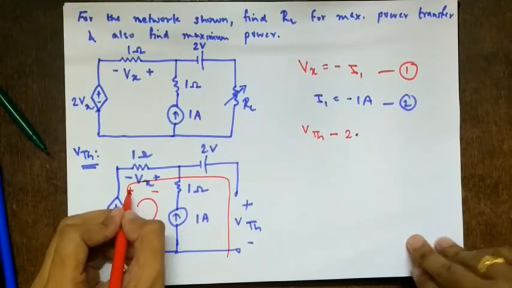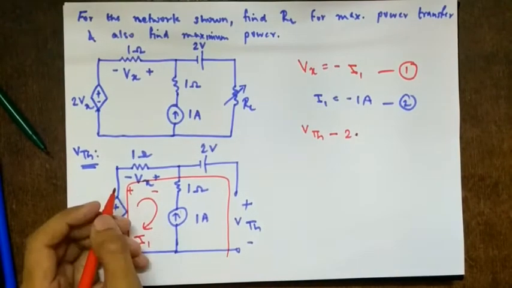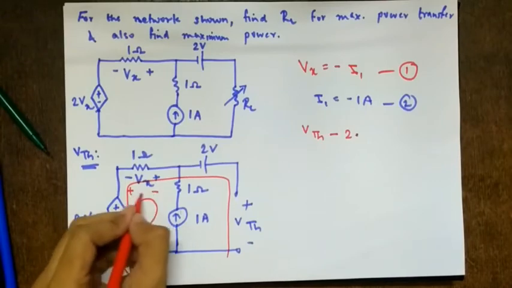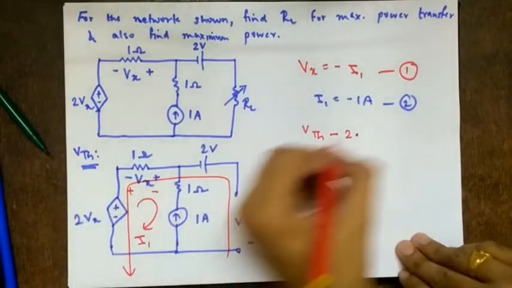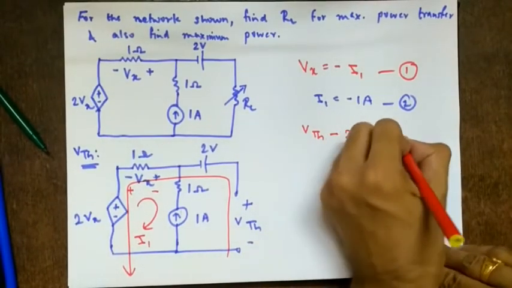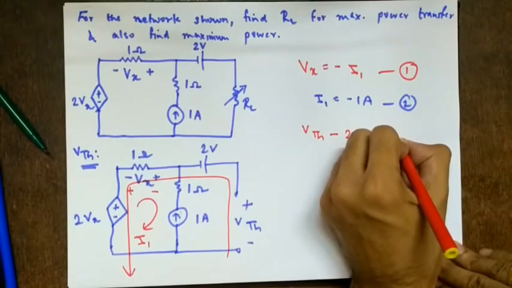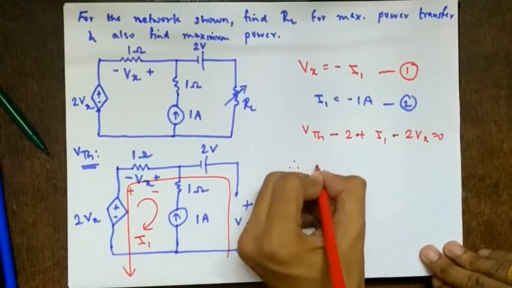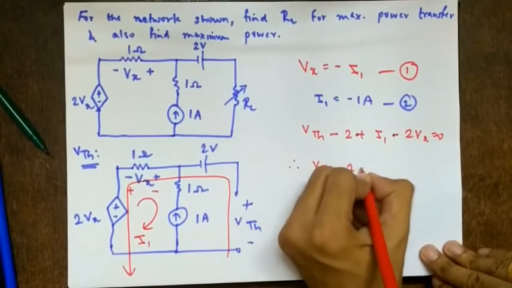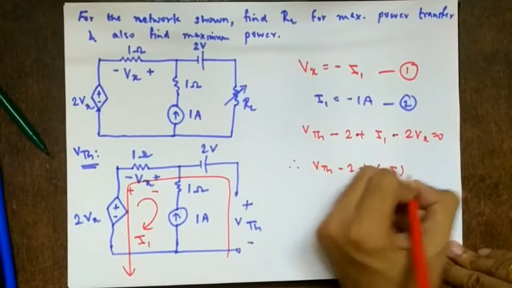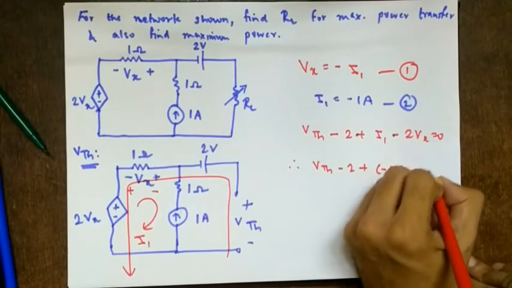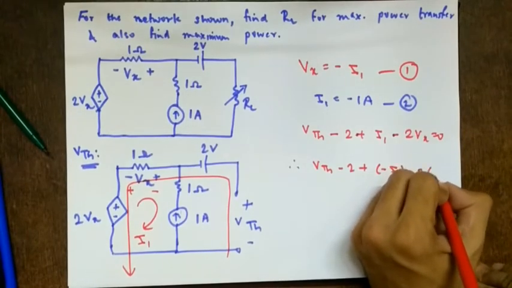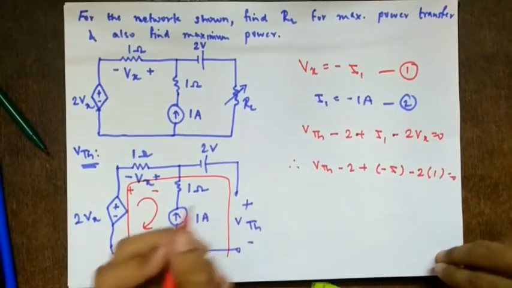Current is going plus to minus in this direction, but we are going in the opposite direction. So it will be plus I1, remember, for clockwise direction only, minus 2Vx equals 0. So therefore VTH minus 2 plus I1 minus 2 into Vx, which is minus I1, so plus I1 equals 0.